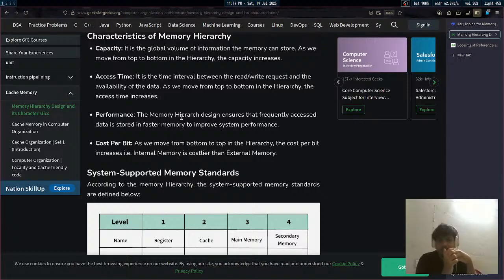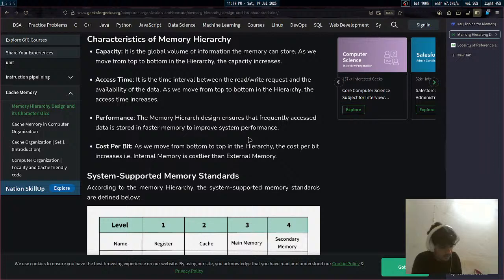Capacity, again I don't think I will note this down, this is self-explanatory. Maybe I should, so that I have something written in my copy, so I don't feel like I have not covered anything so far.